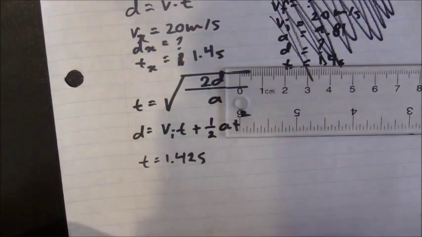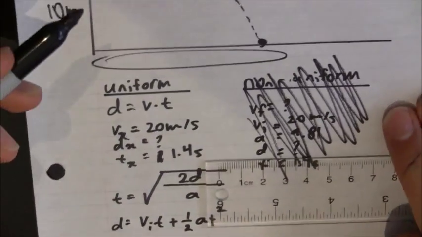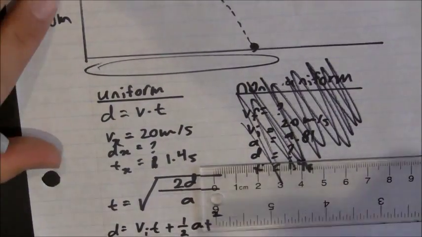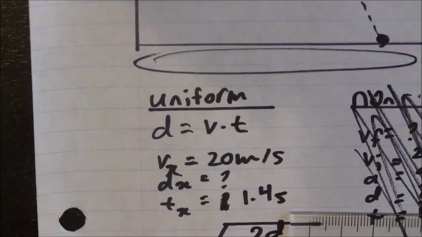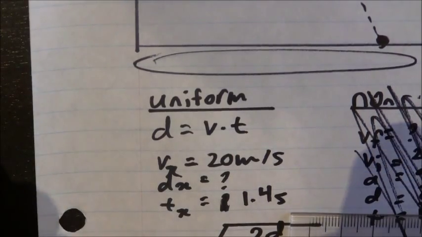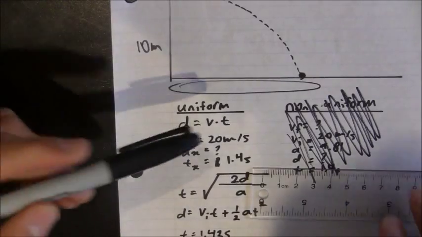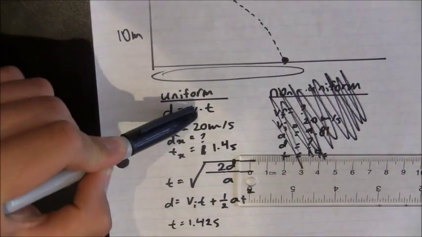So all we need really to find this is the uniform motion equation, which I'll just zoom in here for. This is it right here. Distance equals velocity times time. That's a classic kinematics formula. So we know velocity is 20 meters per second.